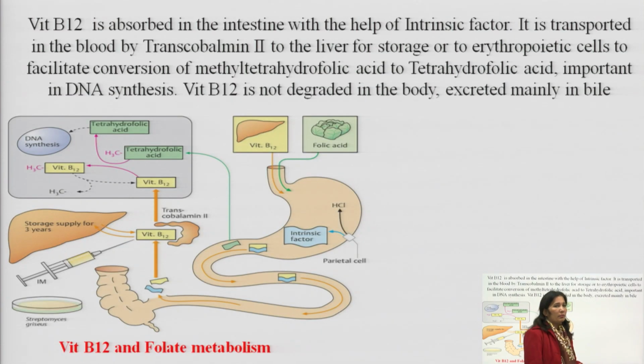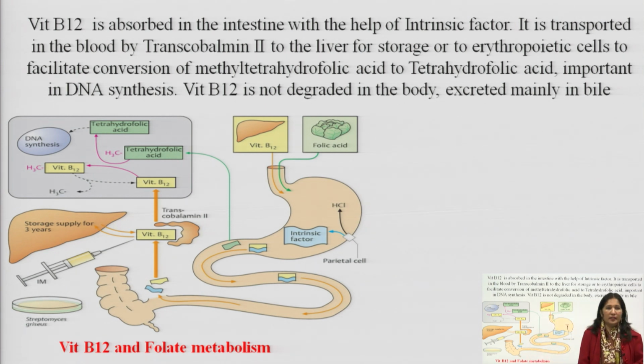So, how is it absorbed? Vitamin B12, for absorption, needs intrinsic factor. It is absorbed in the intestine with the help of intrinsic factor which is present on the parietal cells.